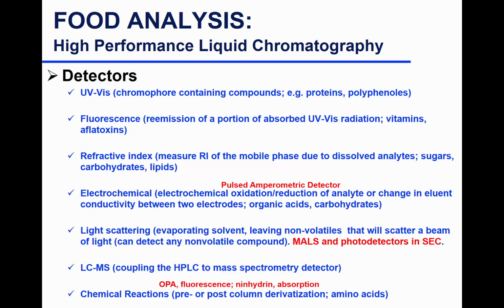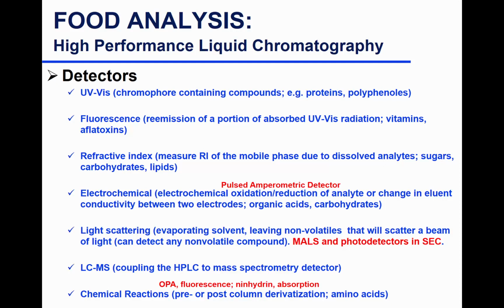So when you increase the pH a lot, to alkaline, they will give up a proton. They become negatively charged. We'll talk more about that when we cover carbohydrates. And then compounds like phenols, polyphenols, can get oxidized, so you can actually measure them with this detection technique.